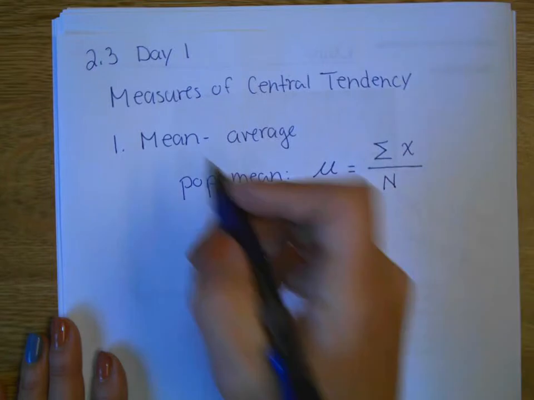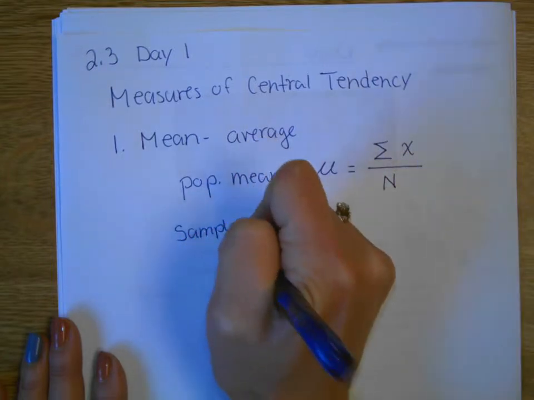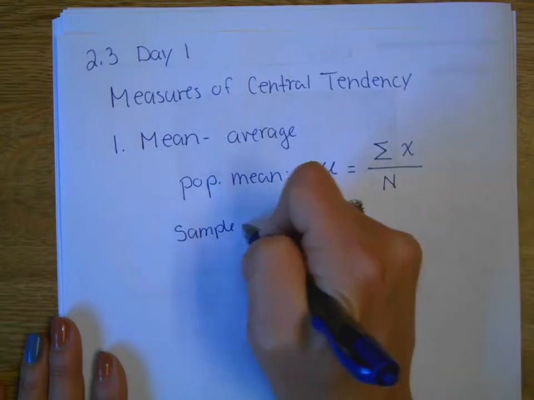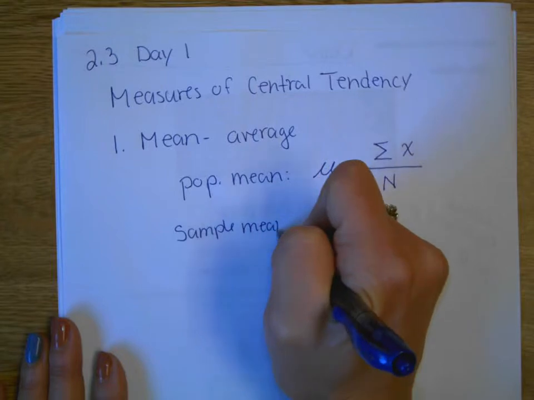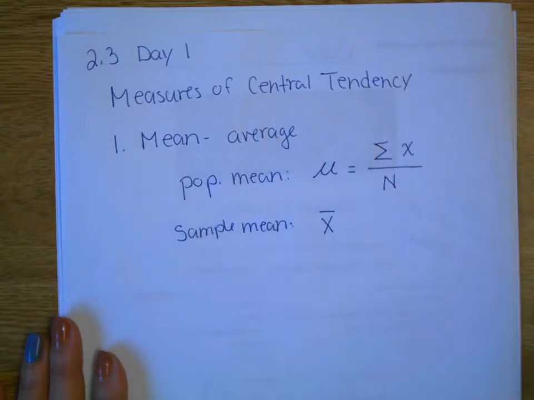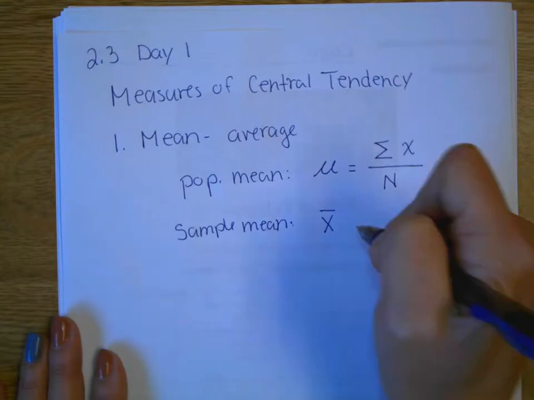Sample mean. That N underneath represents how many were in your population. Okay, for a sample the symbol changes to x bar, but the formula doesn't. You still add up all of your values and divide by how many you had.